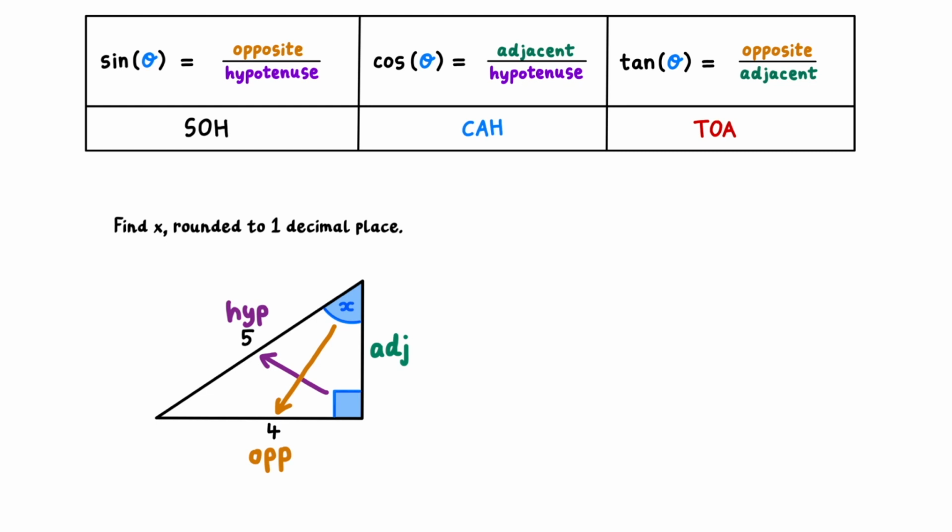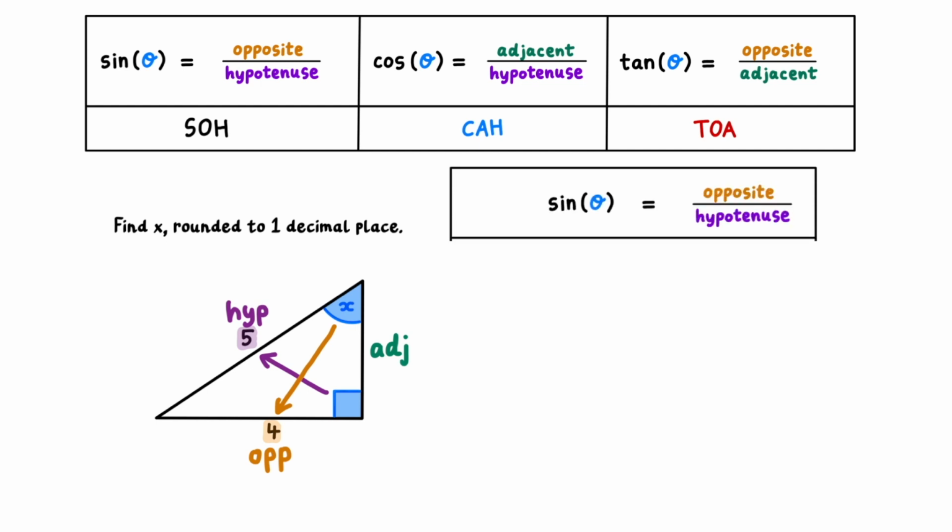Since we have labels for the opposite and hypotenuse, we should use the statement which involves these two quantities. Sine of theta equals the opposite over the hypotenuse. In our triangle, theta corresponds to x, the opposite is 4, and the hypotenuse is 5. So the statement becomes sine of x is equal to 4 over 5.